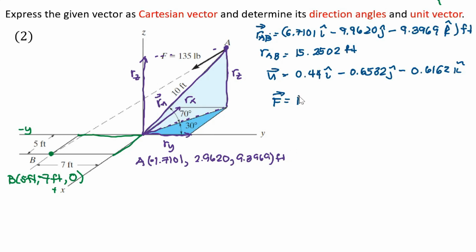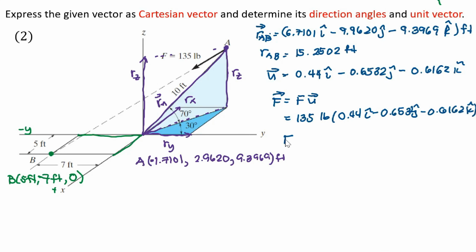Since we already extracted the unit vector, we can now proceed to the force vector, which is the magnitude times its unit vector. The magnitude of our force is 135 pounds times its unit vector, 0.44 i hat minus 0.6532 j hat minus 0.6162 k hat.